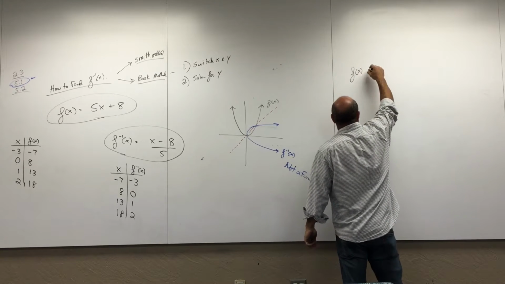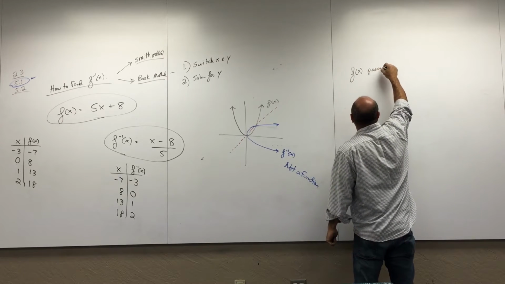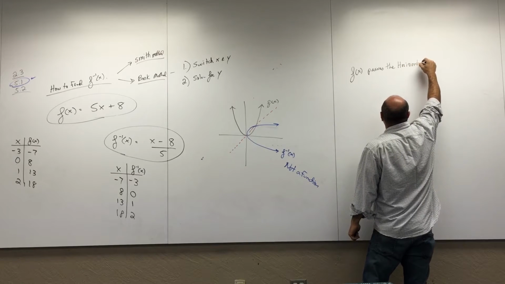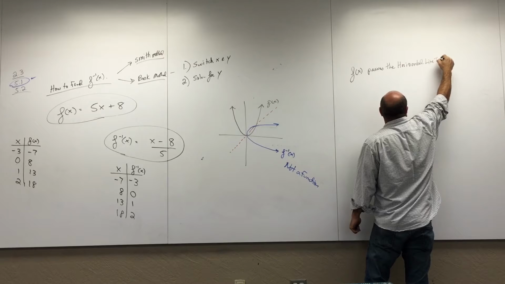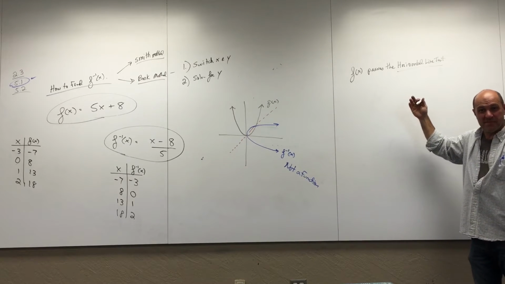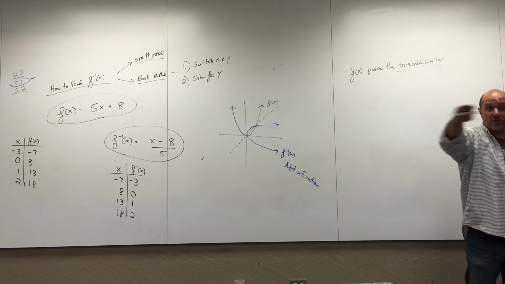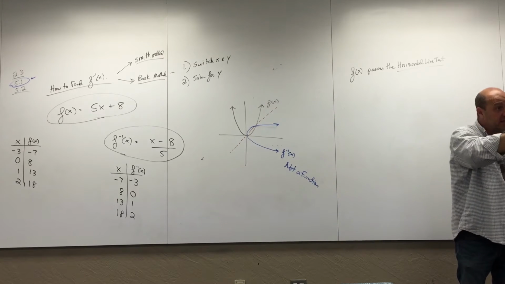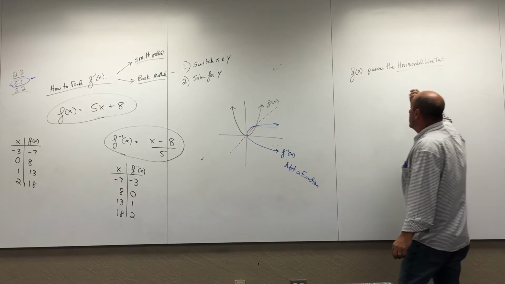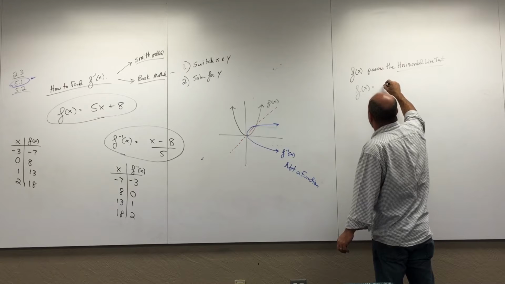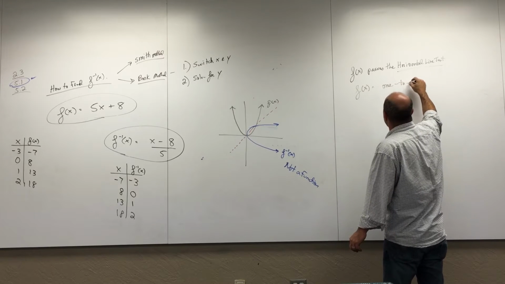If the original function passes the horizontal line test, which you never heard of before, because it never was too important before, but you know what it is. The horizontal line test means you draw a horizontal line and only cross it once. So if it passes the horizontal line test, the function is called 1-to-1.